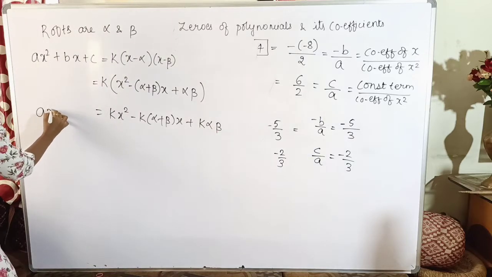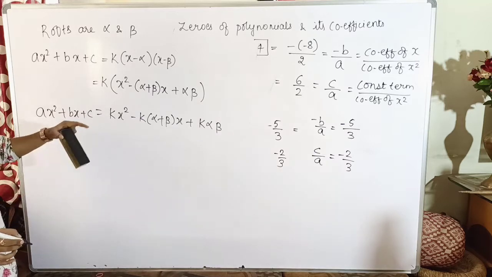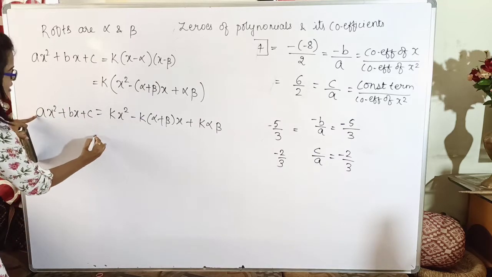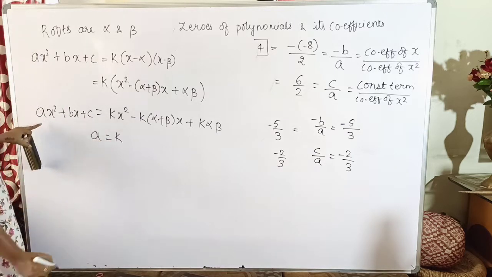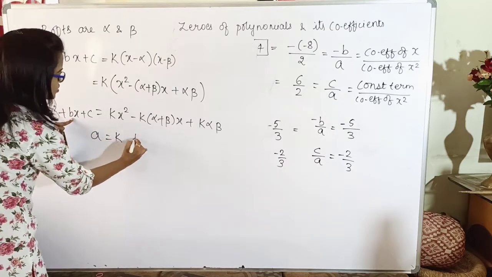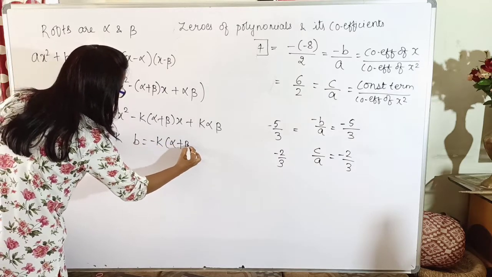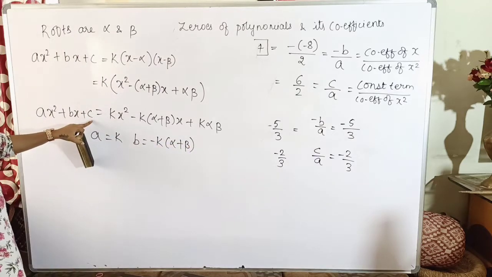Okay, comparing the LHS and RHS, what values of A, B and C are you getting? A is nothing but k, whereas B, except x you have to consider everything, so the value of B is minus k alpha plus beta. And what is the value of C?